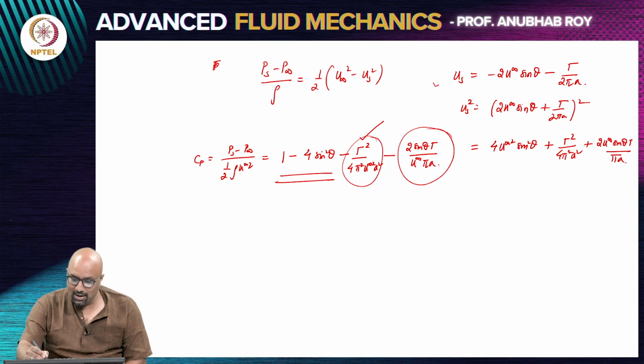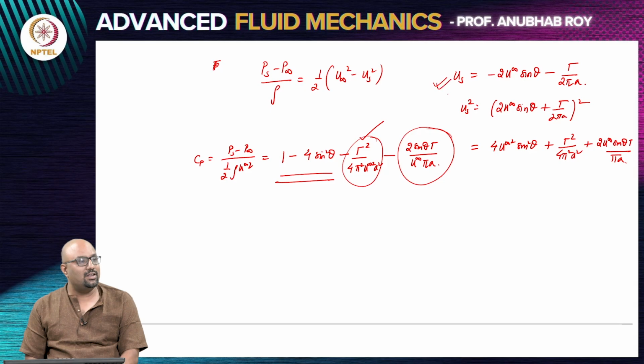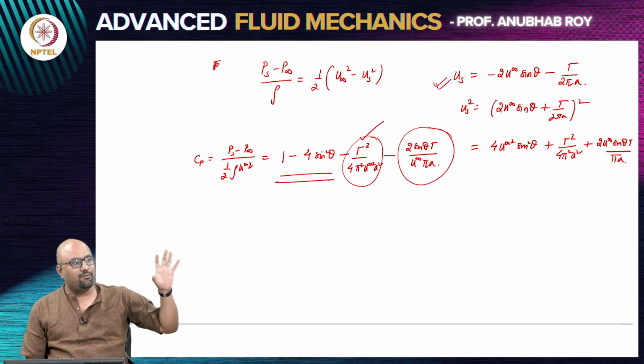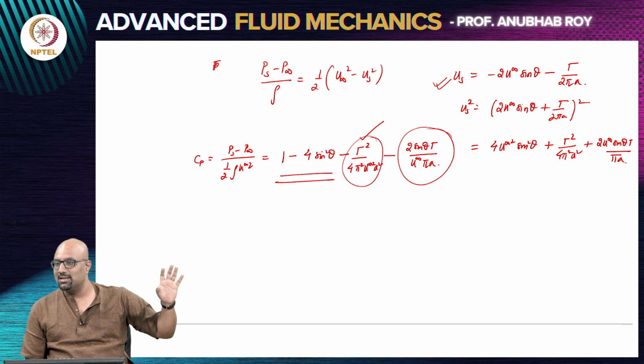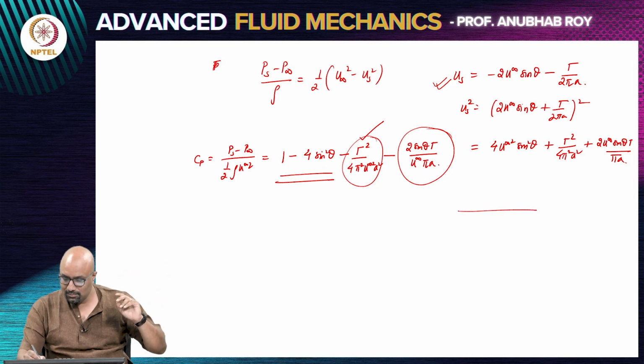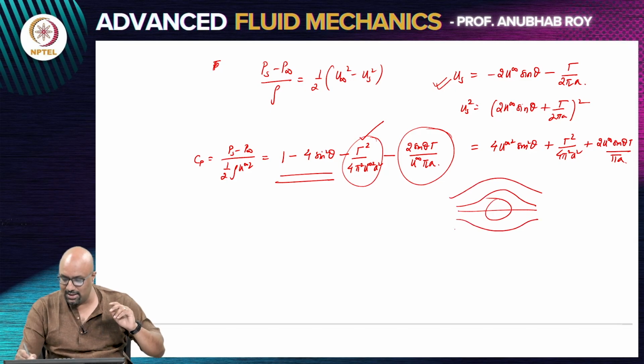Until the part of calculating velocity, everything was a linear calculation. And then you can always say that if I am doing a linear problem, uniform flow with potential doublet has left-right symmetry. It's more important to focus on these than the algebra.